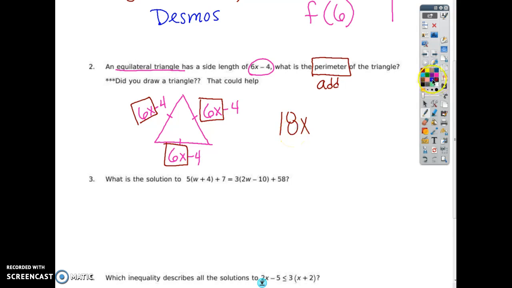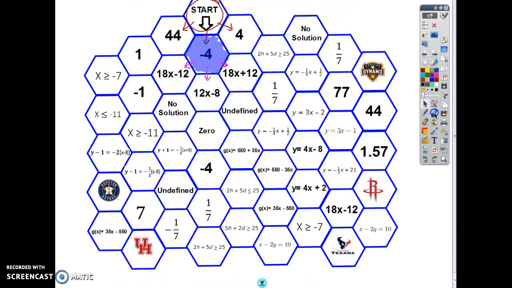And then what are you going to do? You're going to add, so everybody's on their calculator right now, adding -4 plus -4 plus -4 gives you -12. Okay? So let's go look at our answer choices. So this will be the answer.